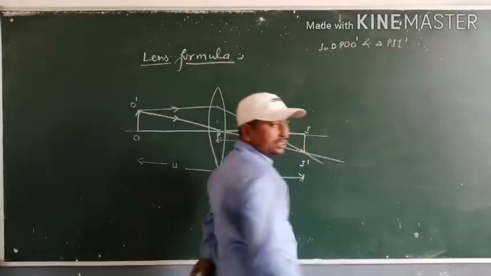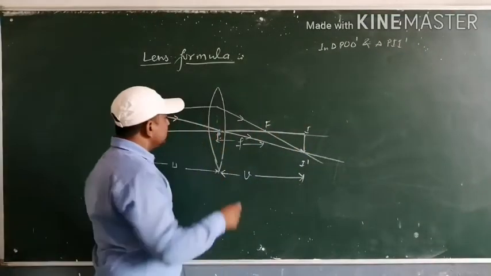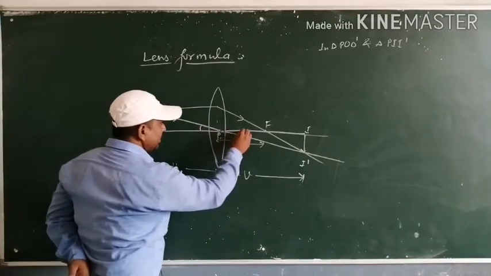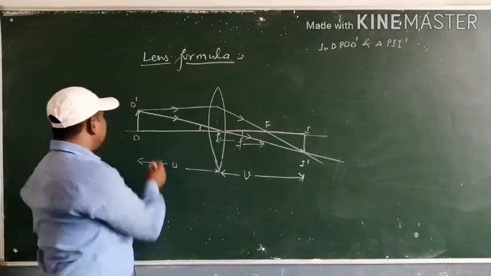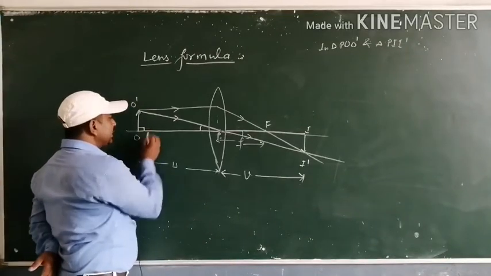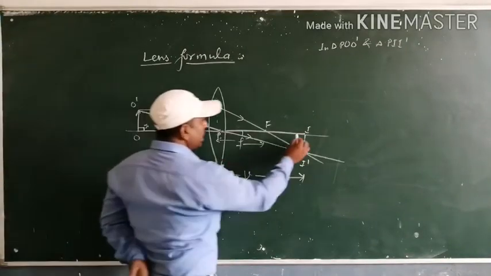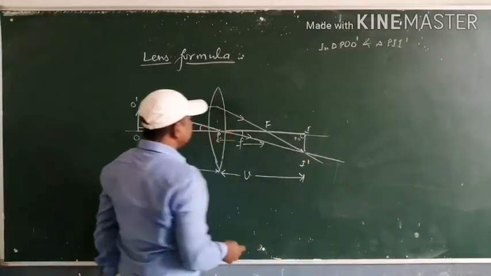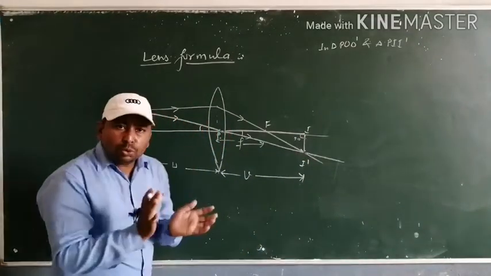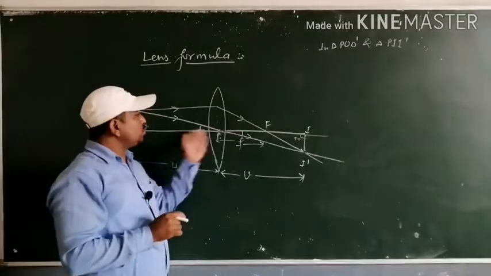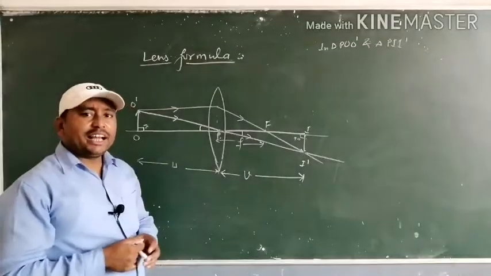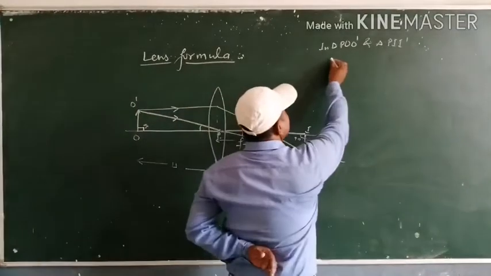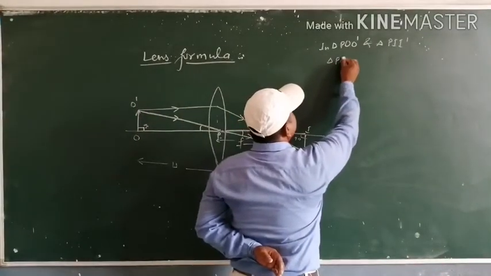You will find that the angle at P on either side is a vertical opposite angle, and this one is a right angle, that is 90 degrees. Also this one is 90 degrees. So two corresponding angles of these two triangles are equal. By the angle criterion of similarity, these two triangles are similar to each other.